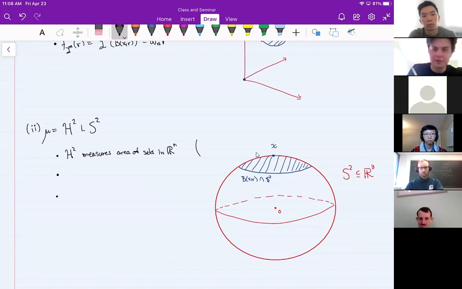Right, and in general, we have H2, but we could also write HM for bigger M. So HM is something that I'll use later as well. This measures M dimensional volume.